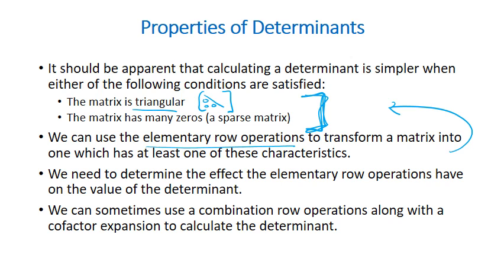Now, depending on which of the elementary row operations we use, it could have some sort of effect on how we calculate the determinant. So there are some different rules that we will need to keep in mind.